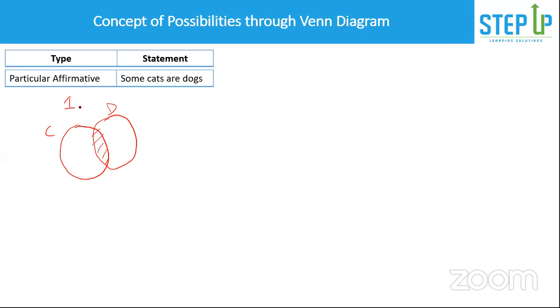Tell me what other possibilities are there to draw this. How can you draw this possibility through Venn diagram? Any other way to draw this? A lot of people are saying that overlap, which is correct. What other way?